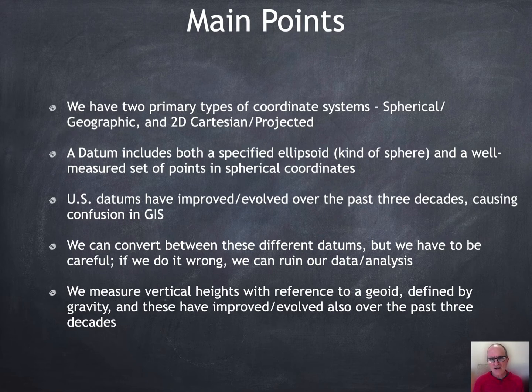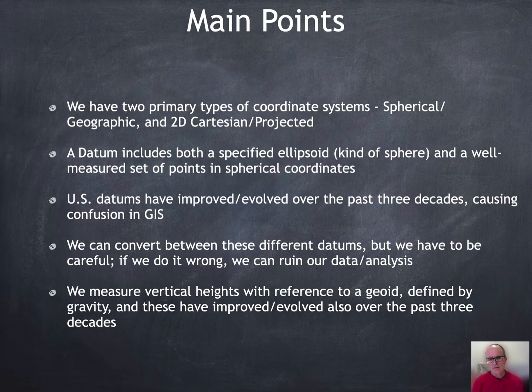So if you have the wrong datum, you're going to misalign your data in different layers, or when you join data that's of the same theme together from different collection efforts, they won't line up right, and it'll be a mess. And this happens constantly because people don't realize we have different datums, and you can't treat them all the same. We can convert between these different datums, but we have to be careful when we do it, and if we do it wrong, we'll ruin our data. This happens quite often.